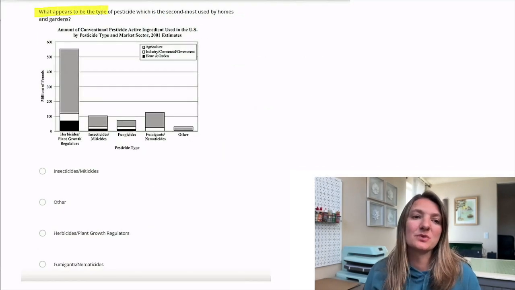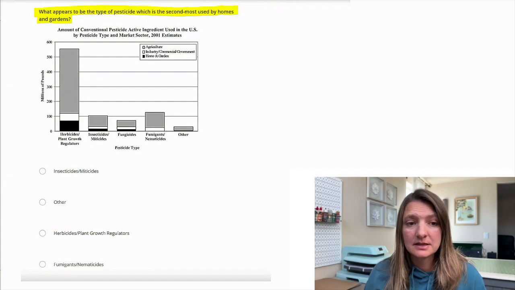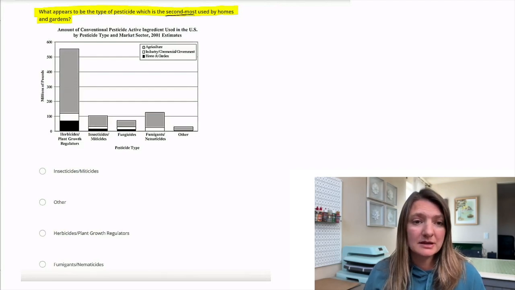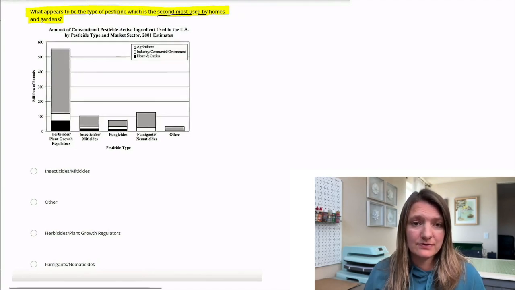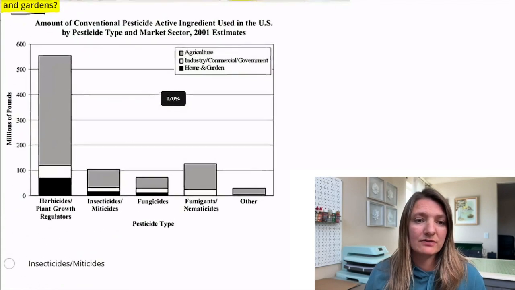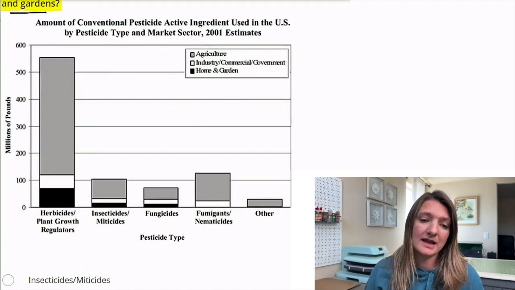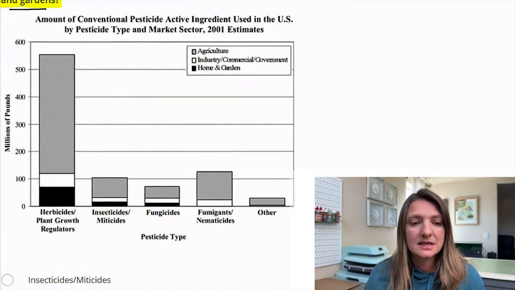Okay, final question. What appears to be the type of pesticide which is second most used by homes and gardens? So let's zoom in a little bit on this graph. Again, second most used by just homes and gardens. We have a few options here. We have millions of pounds on the y-axis and pesticide type on the x-axis.